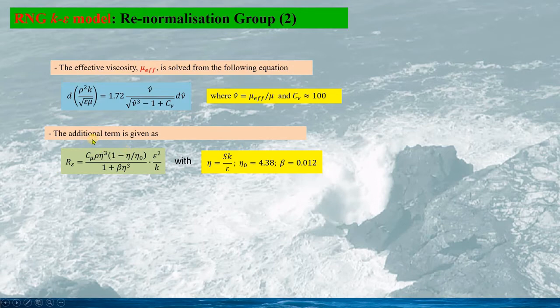And the additional term in the transport equation for the dissipation rate, R epsilon, is given in this formula. Here, eta is given, eta 0 is a constant, and beta is a constant. And the closure coefficients for the RNG K-epsilon model are given here, including C mu, C1 epsilon and C2 epsilon.